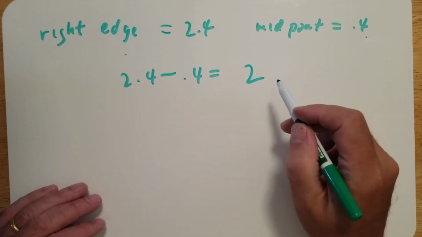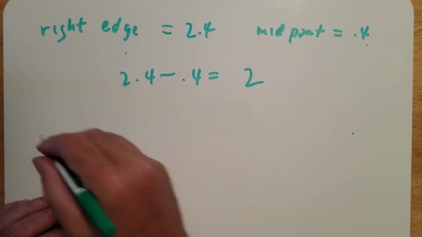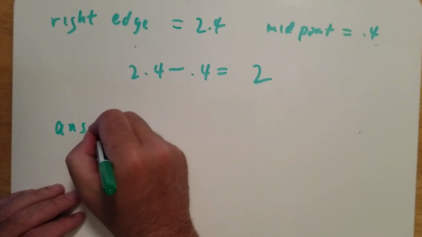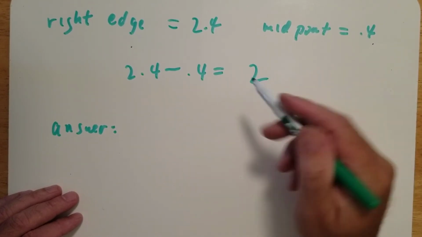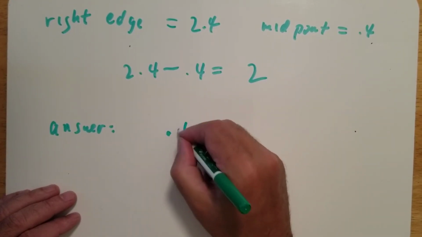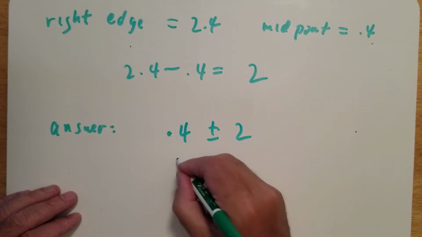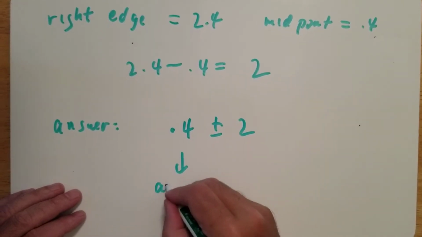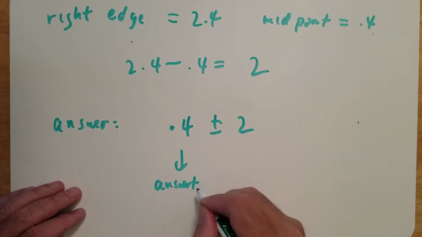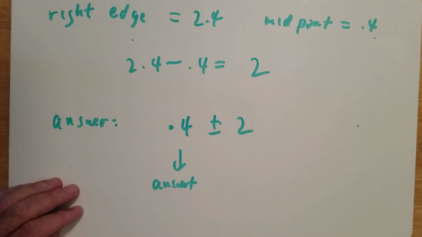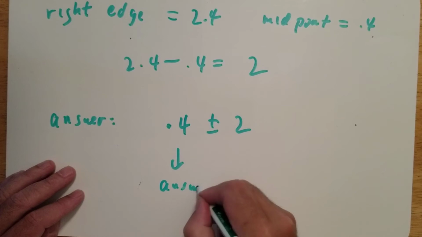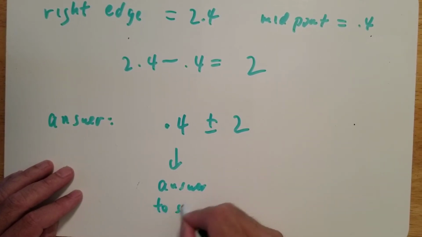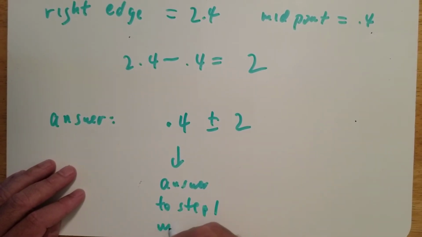Okay, so once you get that first step and the second step, the answer to the plus minus notation, it's the midpoint plus or minus the distance. So the answer is 0.4 plus or minus 2, and that 0.4 was the answer to step 1, which was the midpoint.